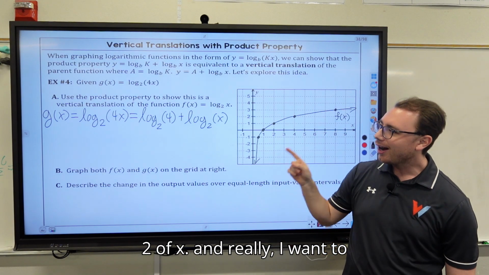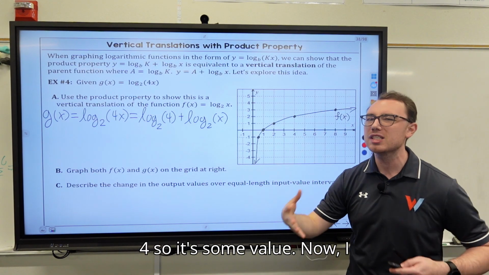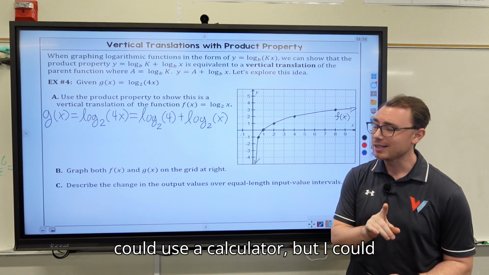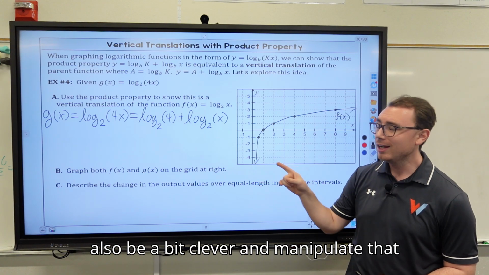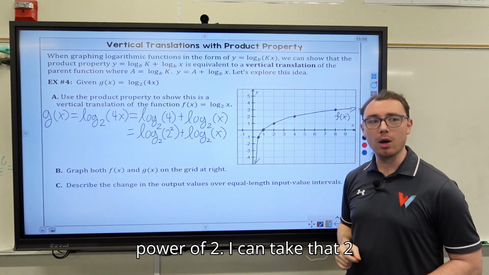And really, I want to try and manipulate that log base 2 of 4 so it's some value. Now, I could use a calculator, but I could also be a bit clever and manipulate that 4 into saying it's 2 raised to the power of 2.